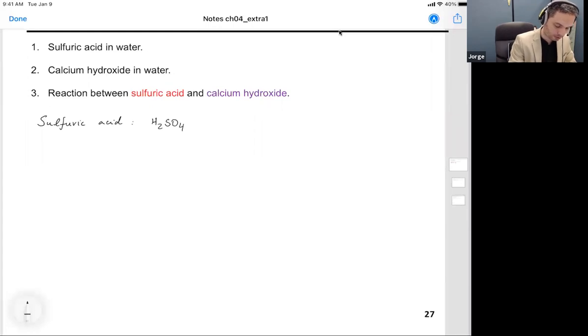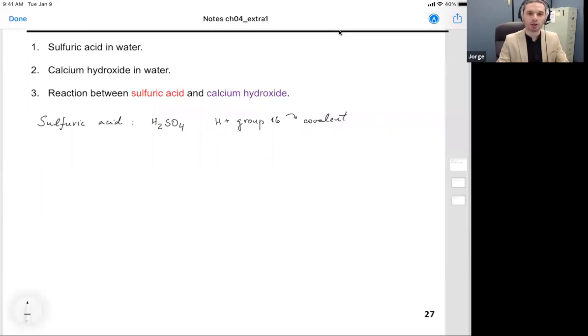Okay? Sulfuric acid is formed by hydrogen plus two elements from group 16. Therefore, this is a covalent compound. Okay? So all the elements are sharing electrons to achieve stability.